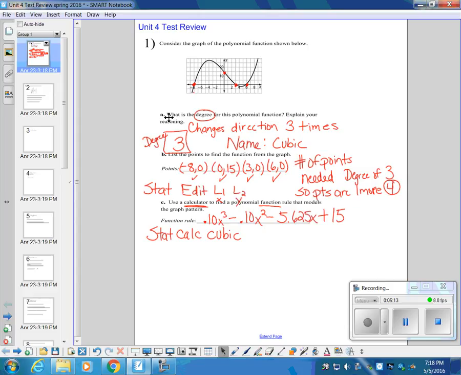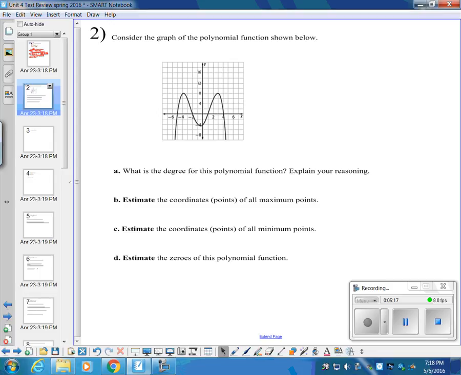Now, let's go to number 2. Consider the graph of this function. Now, this is estimating. You do not have to use your calculator for this at all. The first thing it asks us is the degree. 1, 2, 3, 4. 4 degrees, which we will name it.